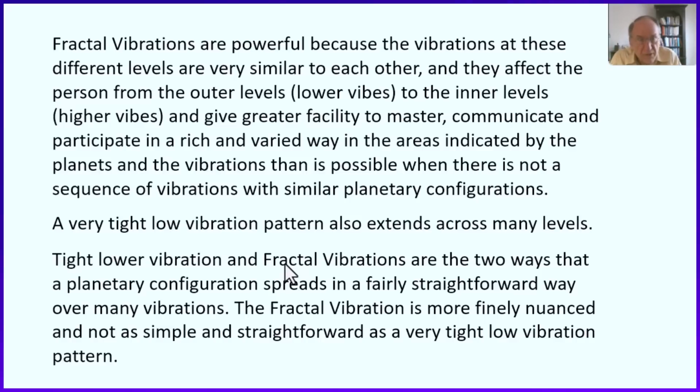So any planetary configuration with very small orbs, or a planetary configuration can have some larger orbs, but it picks up new planets when you multiply by the same number. That's the fractal. So there are 2 ways that you get planetary configurations spreading across vibrations. Just extremely small orbs between all the planets, or what happens with fractal vibrations, not all the aspects have tiny orbs, but new planets get pulled into the planetary configuration.